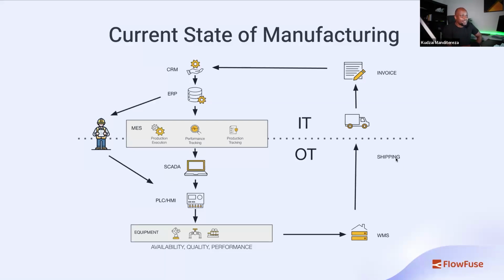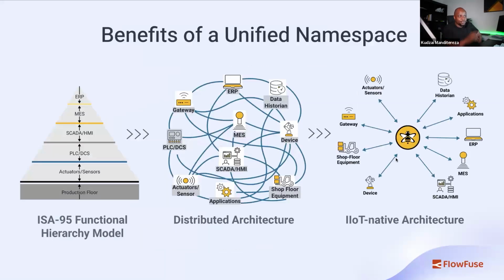Now, with that said, not all digital transformation approaches are the same. I've mentioned that a lot of manufacturers want to digitally transform, but for a long time, manufacturers have been sticking to the traditional ISA 95 functional hierarchy model, which is a tiered approach of data integration, where you've got different layers within your manufacturing environment.